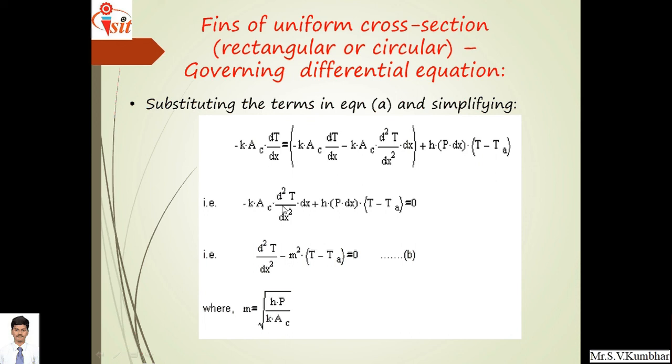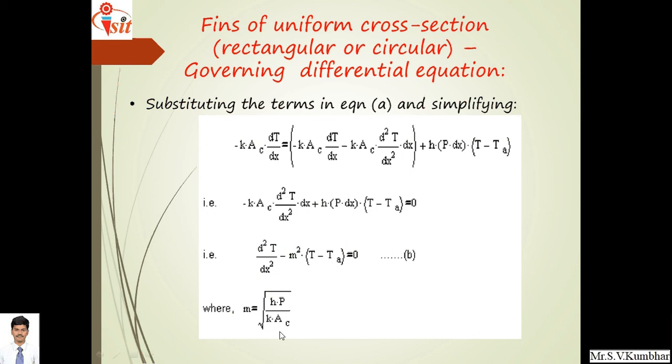Again dividing throughout this equation by KAc, what we will get is d2T upon dx square minus m square (T minus Ta), where m is nothing but the square root of hP upon KAc.